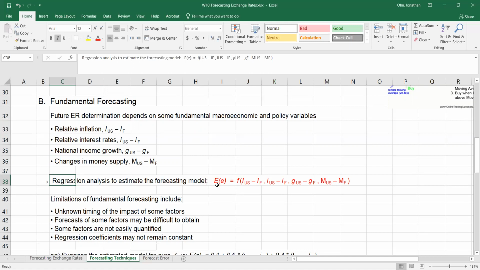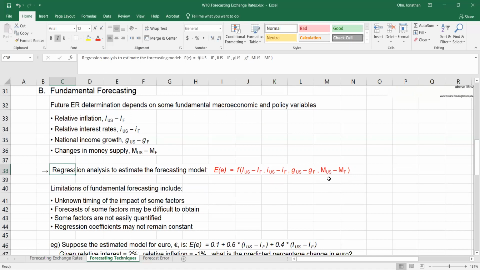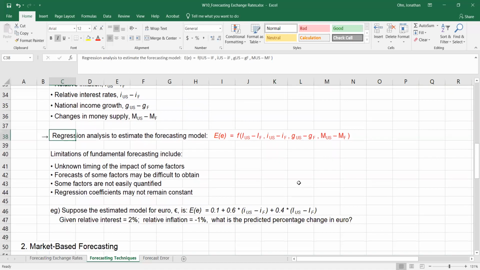Small e is the percentage change in exchange rate. So the expected percentage change of exchange rate is a function of relative inflation, relative interest rate, relative national income growth, and relative money supply change. All right.